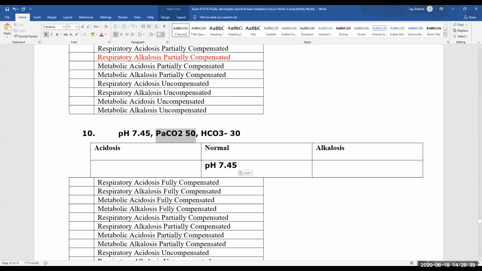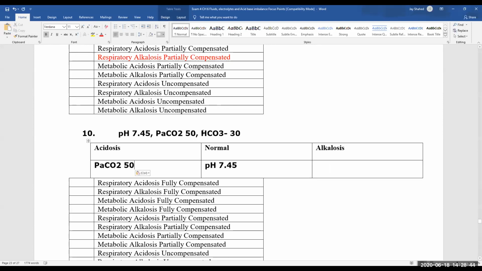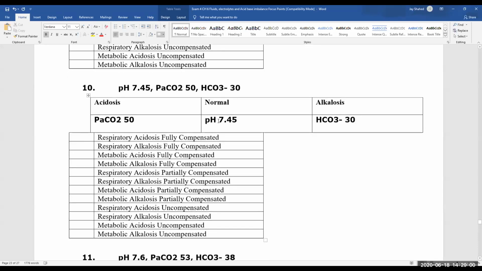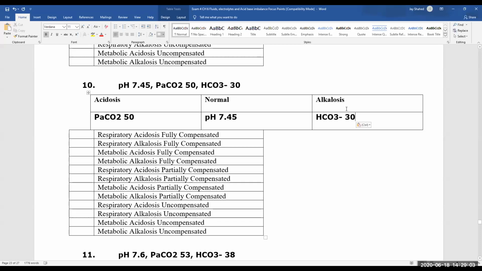This is acidic. And then basic. Which direction is it moving? Basic or acidic? Basic. So what's your diagnosis? Metabolic alkalosis, fully compensated. Is it fully compensated? Yes, absolutely. Metabolic alkalosis, fully compensated.